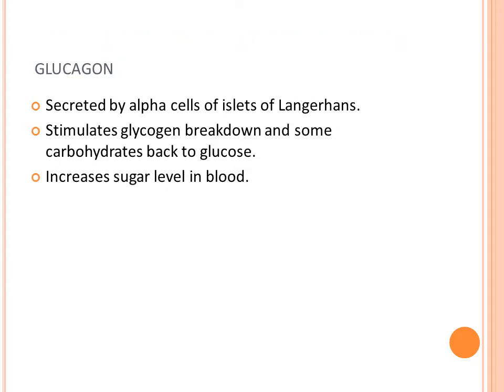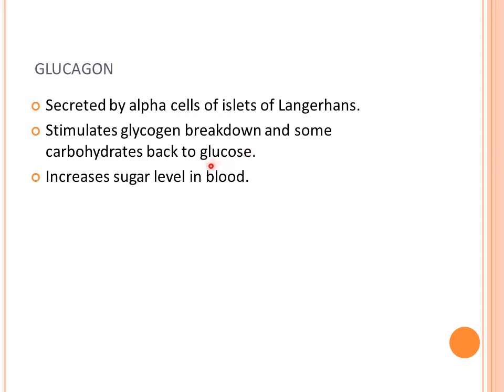Now we will see the next hormone, which is secreted by the alpha cells. Alpha cells secrete glucagon, which stimulates the conversion of glycogen back to glucose. So it acts exactly opposite to what insulin was doing.